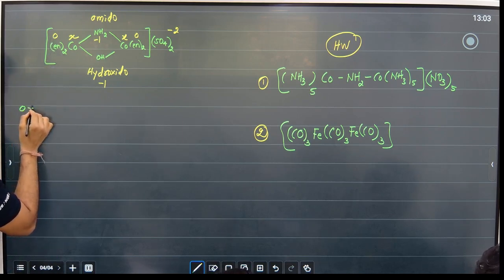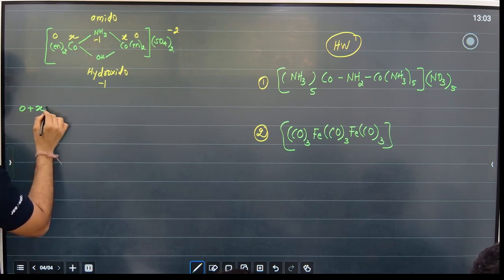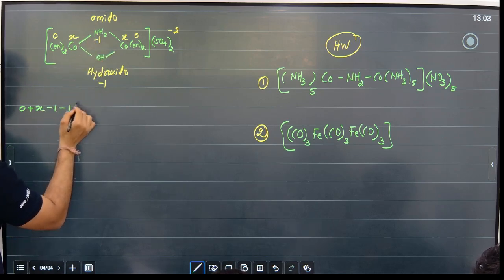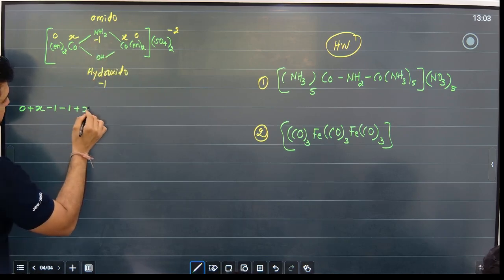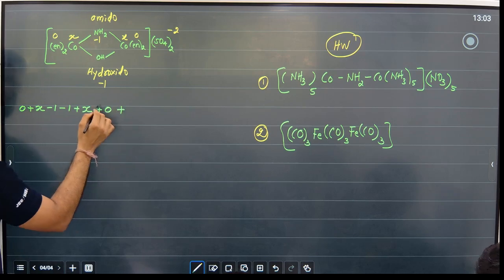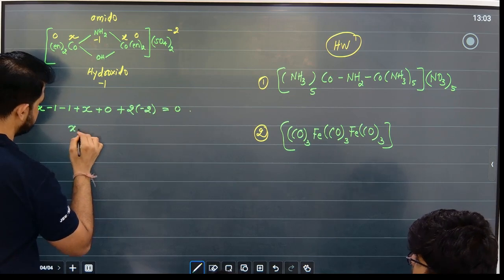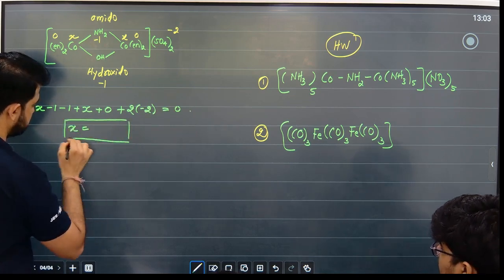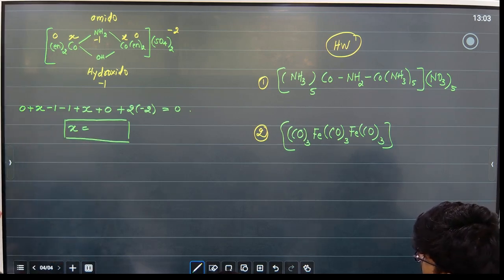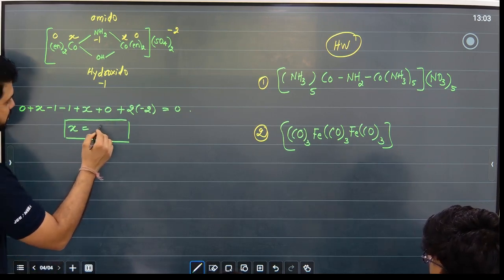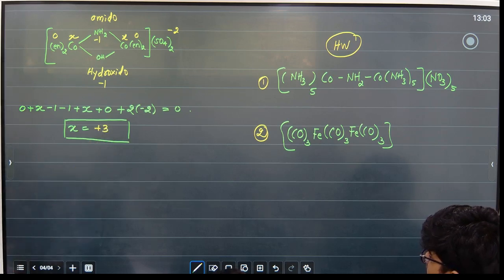0 plus X minus 1, minus 1 plus X plus 0 plus 2 into minus 2. How much is X over here? Excellent. Plus 3. So what is the charge on cobalt, people? +3 and +3.